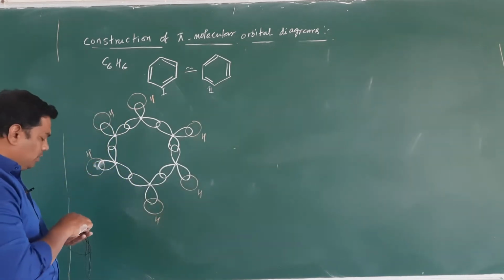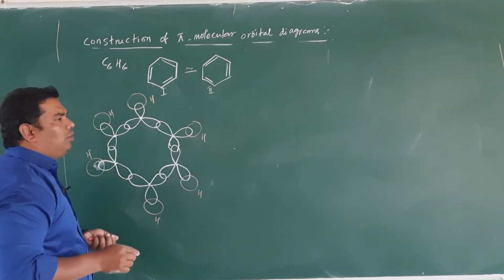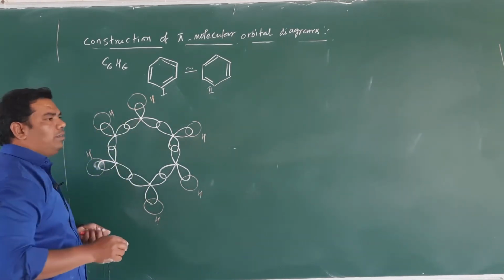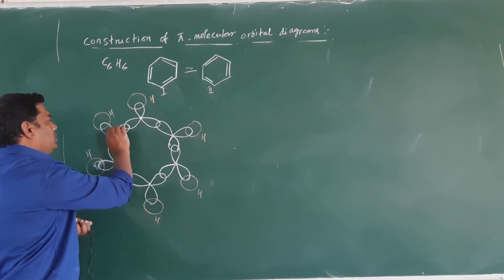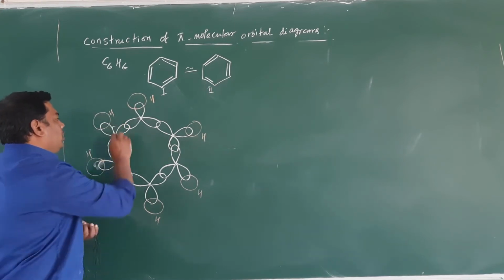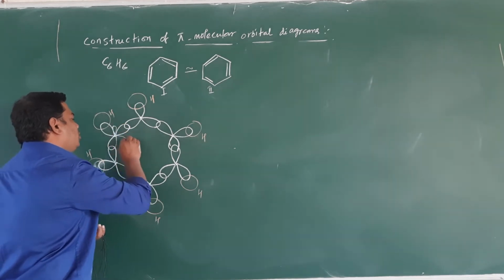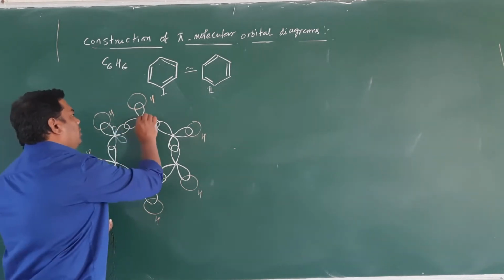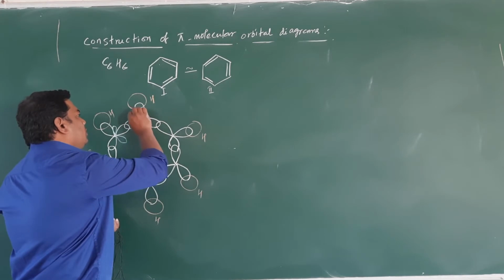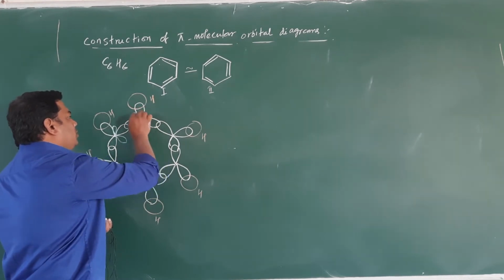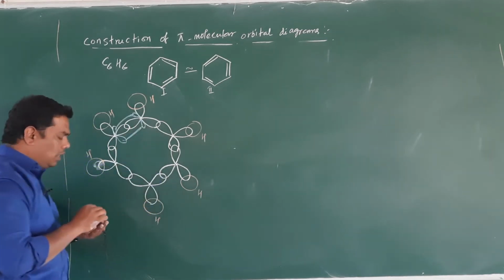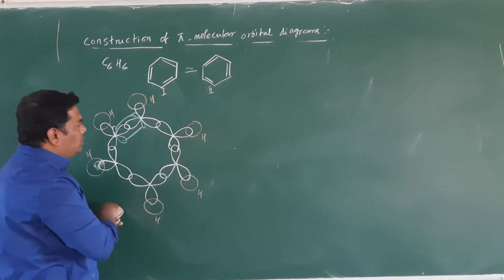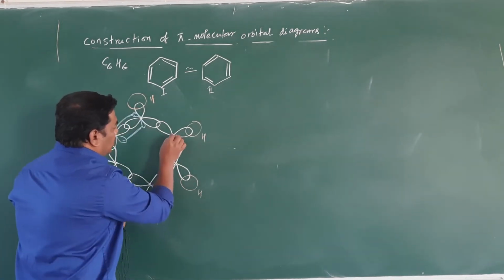Okay, right. So here the pz electron will be there. Each carbon atom has one pz electron, students. I will show it with the blue color.